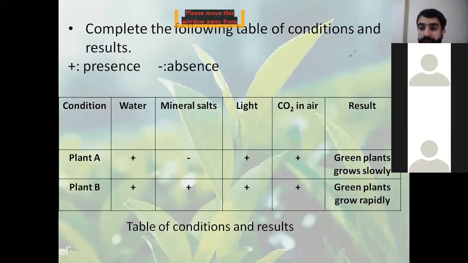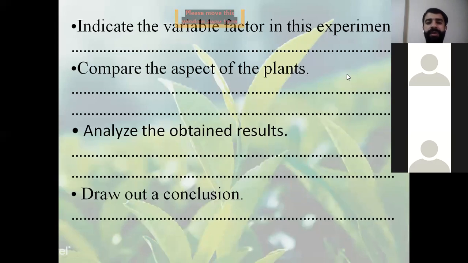So you have to draw the table. I will repeat, using a pencil, also using a ruler. You have to close it completely. You have to give it the legend, which means plus is presence and minus is absence. And don't forget the title for the table.